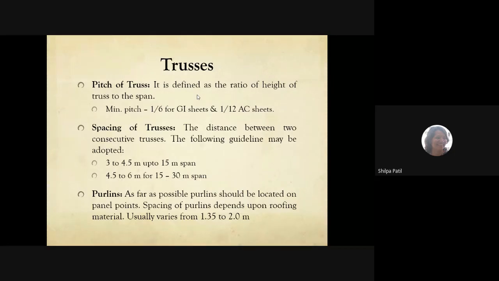So such sheets which have a lesser capacity to deflect are called brittle sheet or brittle cladding. Whereas the sheets which have a good capacity to deflect, especially those made by using a ductile material like a steel sheet or a metal sheet, are called elastic cladding.